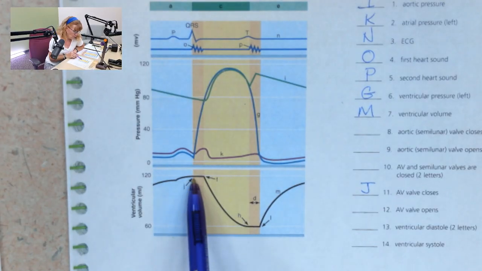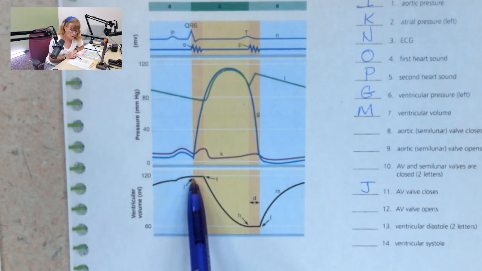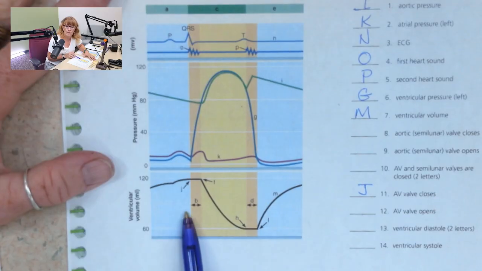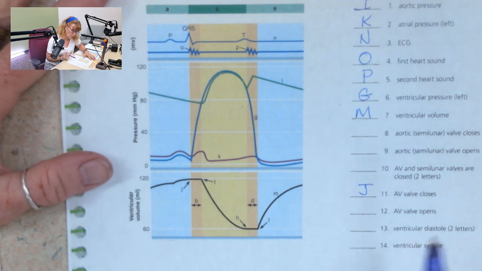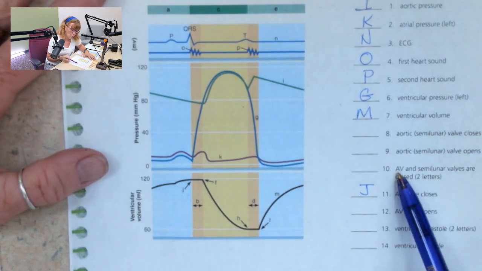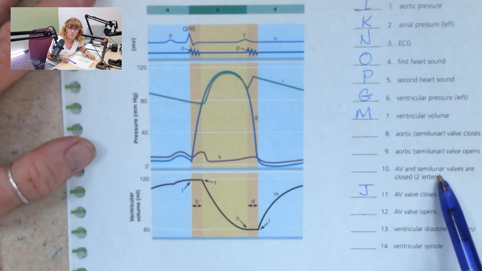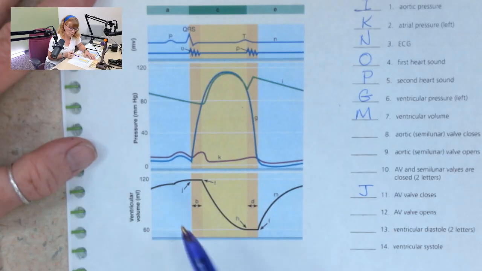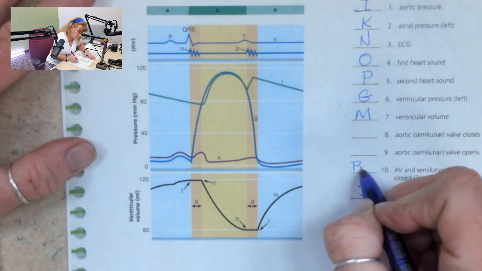So we're going to close the AV valve right here. Now, that means this area, so the gold area, is when the heart is in completely closed chambers. So if we look at over here, when the AV valves and semilunar valves are both closed, there's going to be 2 times where that happens. Well, we know that one of those times is going to be B right there.